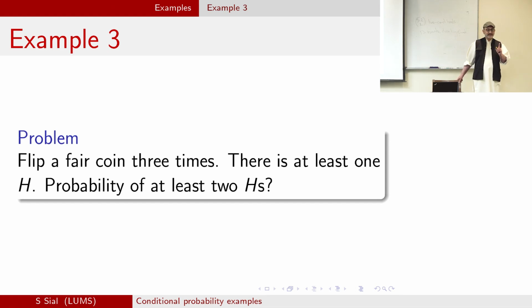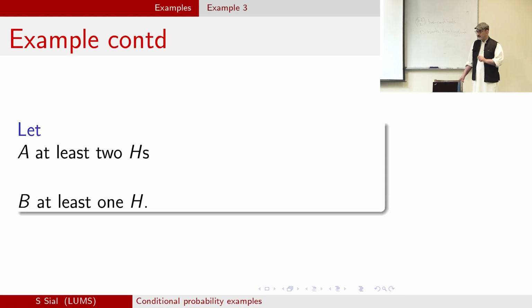You flip a fair coin 3 times. You're given that there's at least 1 H. So now we're doing a conditional probability. If you flip a fair coin 3 times, you observed at least 1 H. What's the probability that there were actually 2 H's?